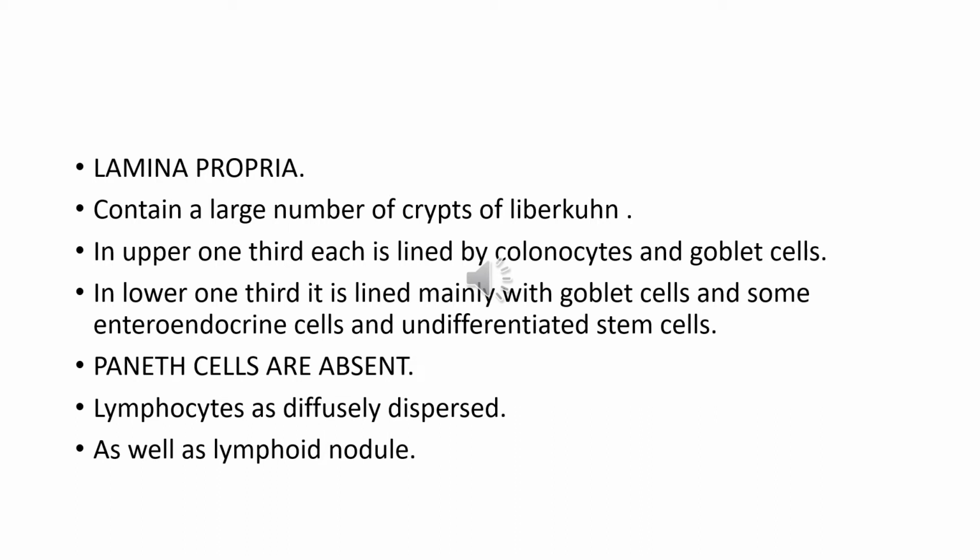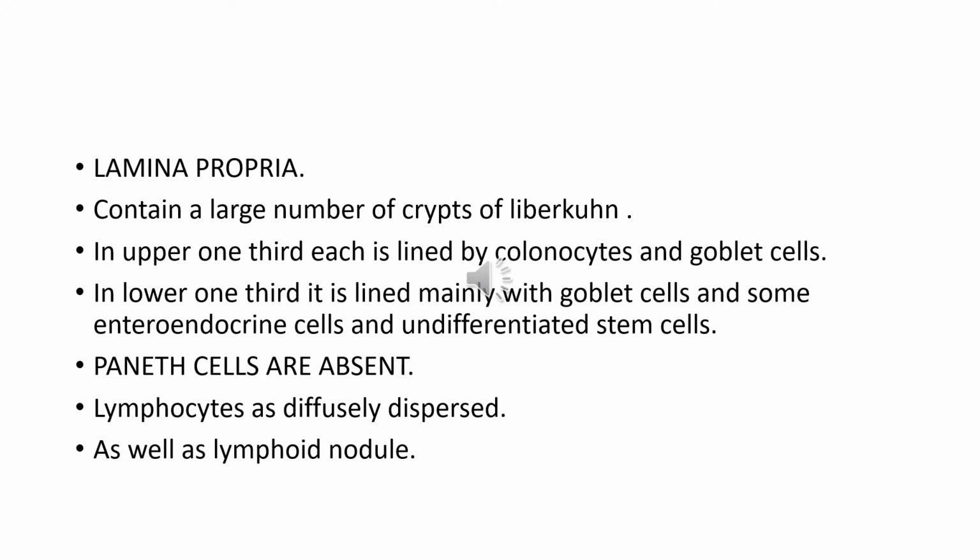The lamina propria of the colon contains a large number of crypts of Lieberkuhn. That is the dipping of the intestinal glands in the lamina propria can be seen in the colon. In the upper one third, each of these crypts is lined by colonocytes, that is the columnar cells, and goblet cells.